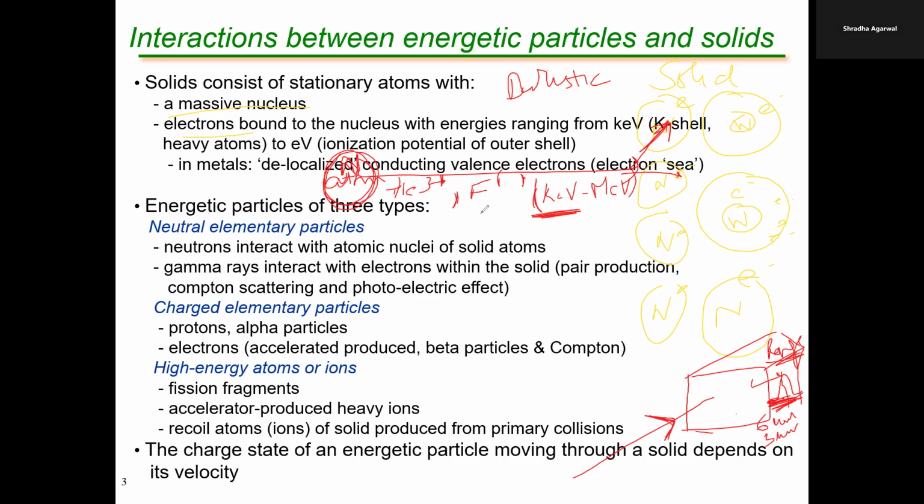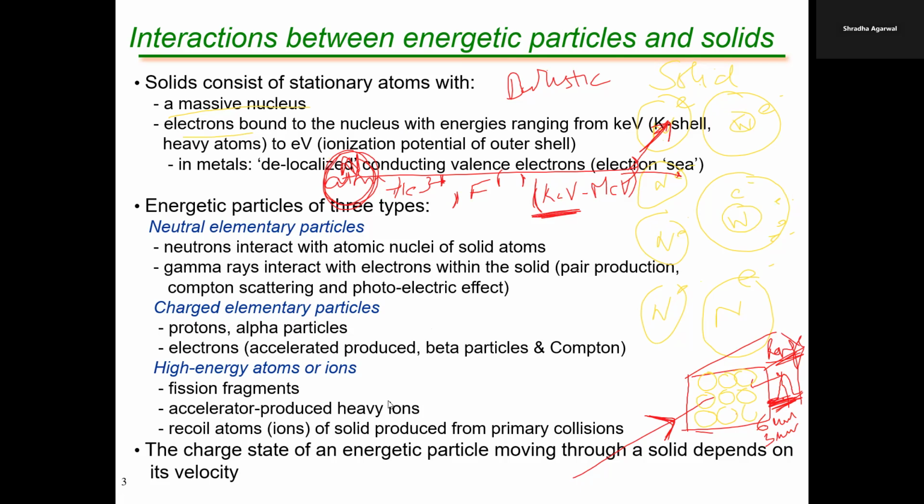Now, this was your incident ion. How did it stop? Because in between, it had all these atoms when it was going in, and now if I zoom in, it is making collisions with the nucleus and electron.